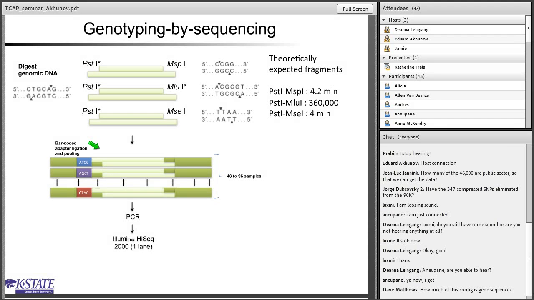Tags can be grouped, clustered together, and then you may discover SNPs within these tags. But this technology is still being tested for various purposes, and it's more at the development phase now, and we'll have more results later.